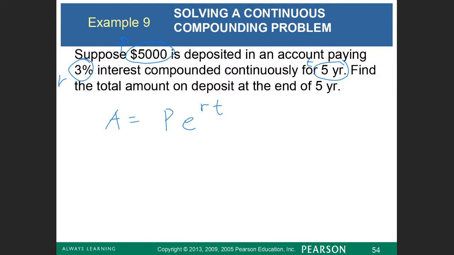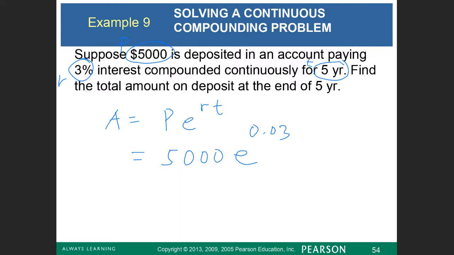Okay, and our principal is 5,000 dollars, and we have E here. Our R is 3%. We have to change 3% into a decimal value, moving the decimal point from right to left, and you will have 0.03, or you can divide 3 by 100.